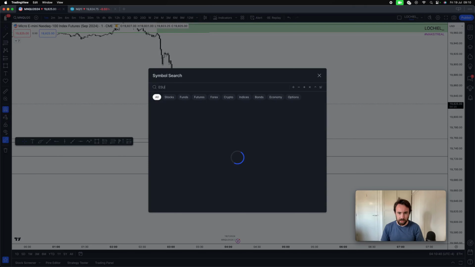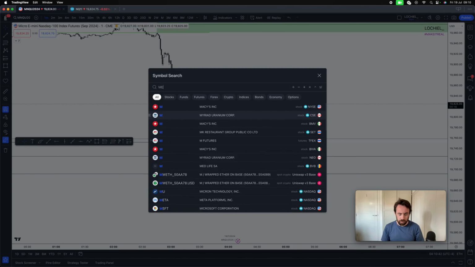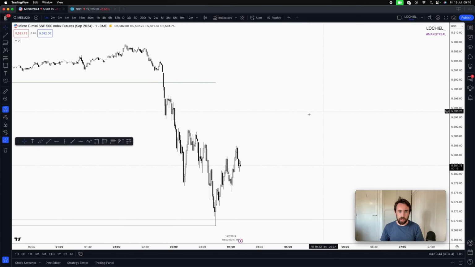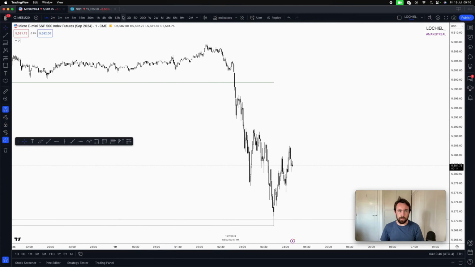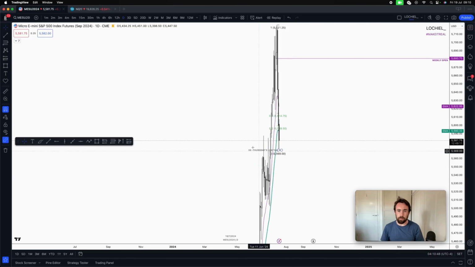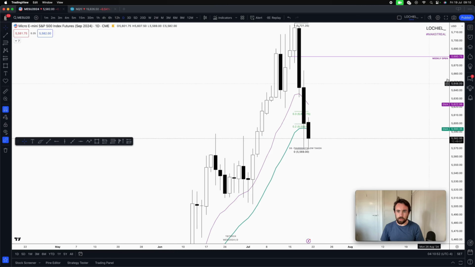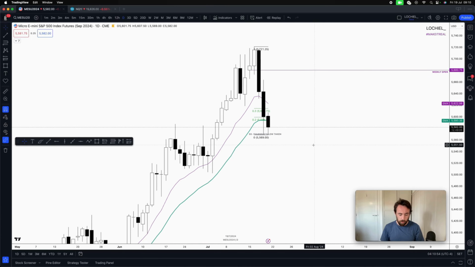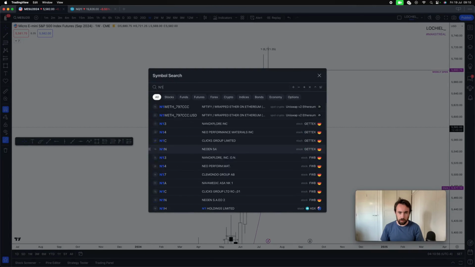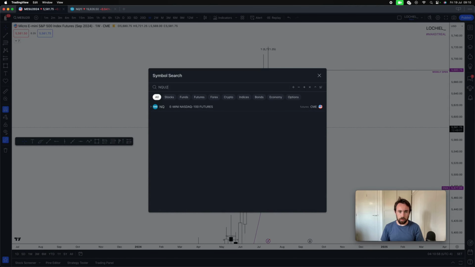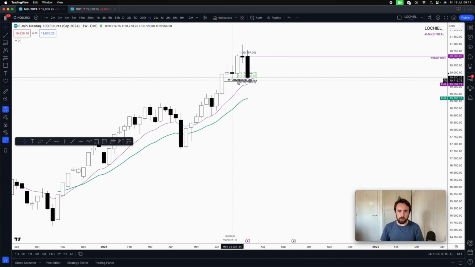I'm just trying to assess what I like better in terms of NQ versus MES. Now, if we go to the daily on MES, in terms of a high time frame level, we said on the weekly of NQ we took out this low.